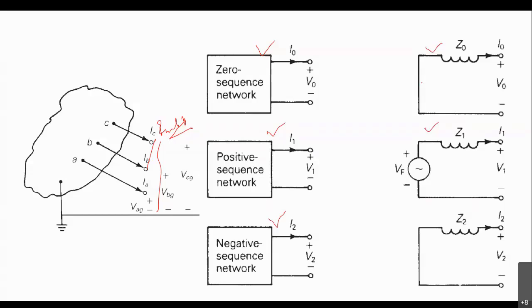The voltage source here will be zero because it's a zero sequence network. For positive sequence, VF will be equal to EA, and for negative sequence it will obviously be zero because it's a balanced fault. The sequence networks are all separate, not interconnected, and have no relation with each other. They are decoupled because of the decoupled equation, we get the decoupled network, right?